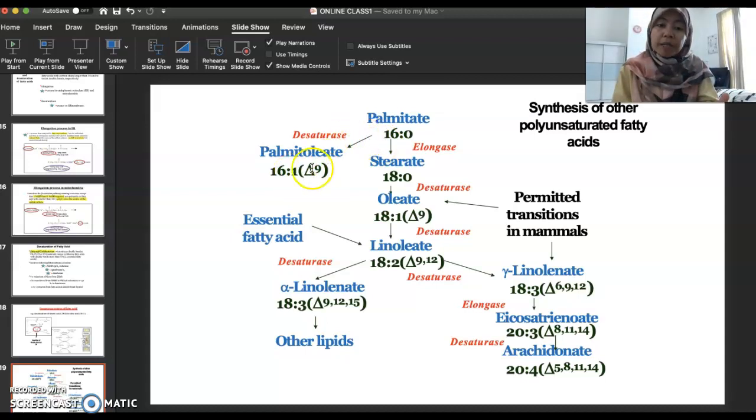So that's why you will get 16:1. Earlier you had 16:0, now we have 16:1 delta 9, meaning the double bond is at carbon number 9. The others maybe you can go through and do some revision to see whether you understand what desaturation is and what elongation is. So these are examples of synthesis of other polyunsaturated fatty acids.